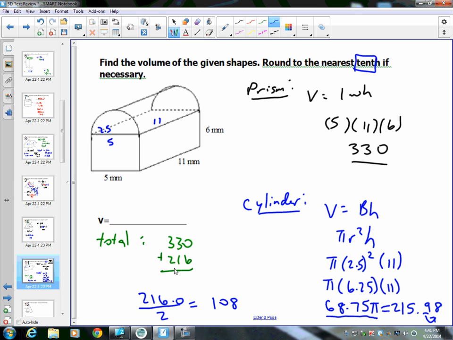So we don't want this 216, we want 108. So we're going to add in 108. So 330 plus 108 gives us 438. So that one was a little bit more involved, but it wasn't that bad. The units in this case is millimeters. It's volume, so millimeters cubed.